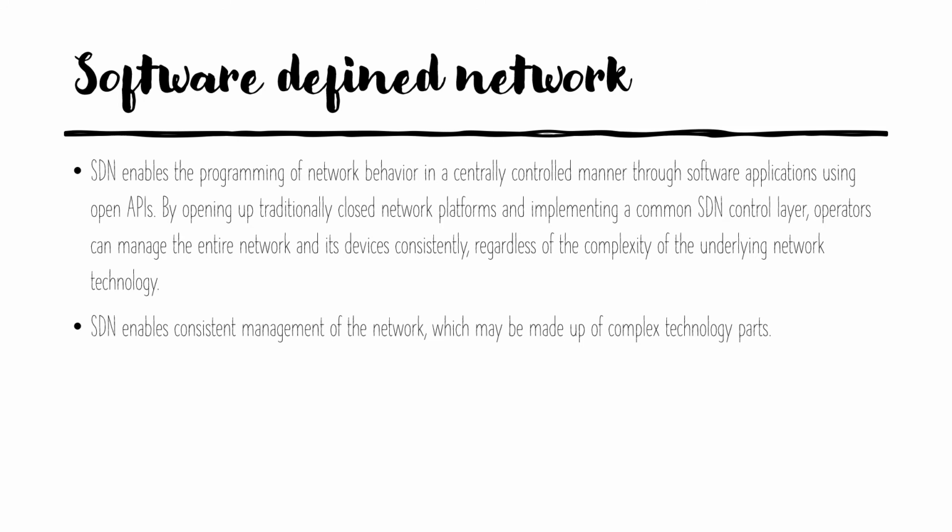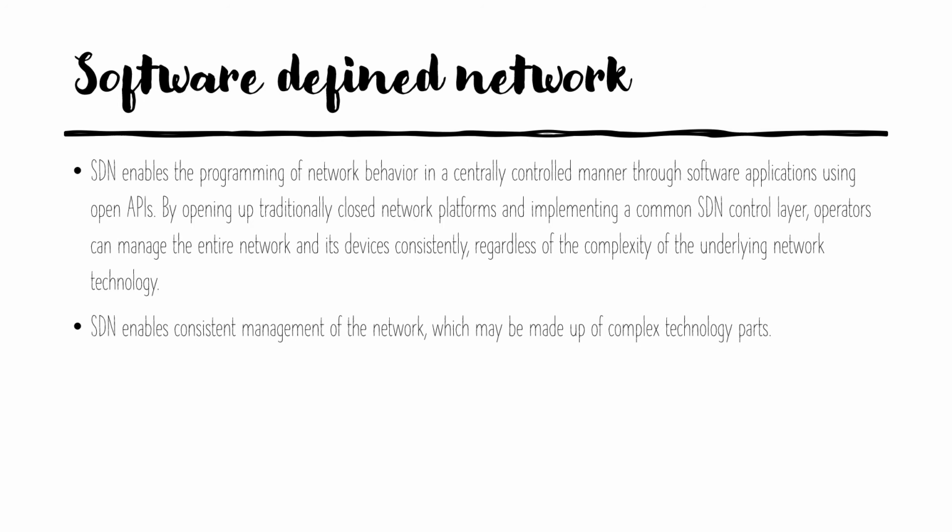What SDN actually means is that SDN enables the programming of network behavior in a centrally controlled manner through particular software applications using APIs. By opening up traditionally closed network platforms and implementing a common SDN control layer, operators can manage the entire network and its devices consistently, regardless of the complexity of the underlying network technology.